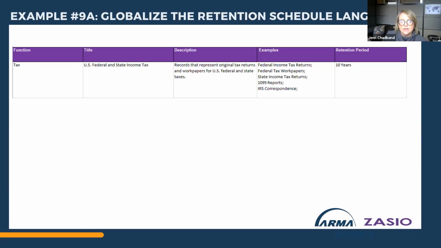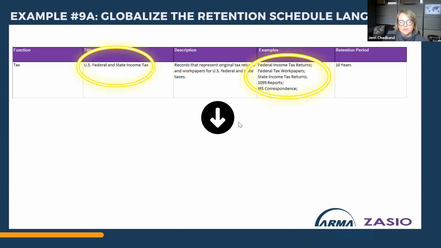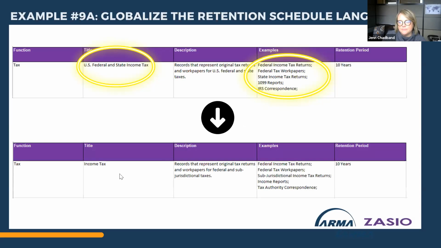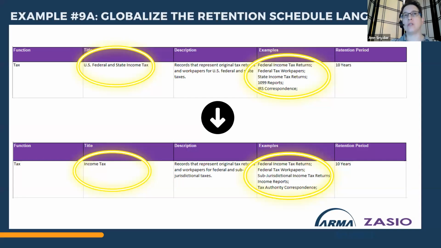So rather than including within the title or the description anything that's jurisdictional specific, make sure that it really does speak to everybody globally. Lots of opportunities there. It's okay, I think, to have jurisdictional specific examples, but keep them out of the titles and the descriptions. So we have genericized: instead of IRS, we have the tax authority to cover everybody.